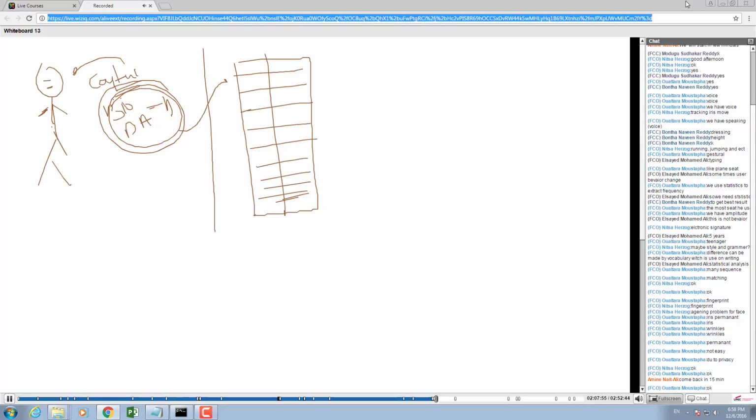And now it's up to us to find if this biometric data is saved in our database. So what will be the process? We can compare this data with this one, with this one, and with this one.